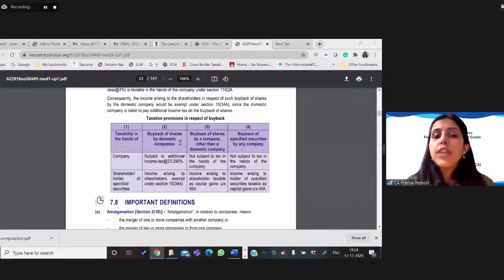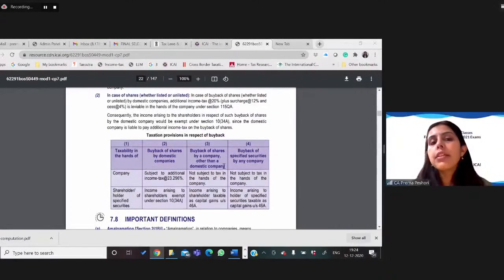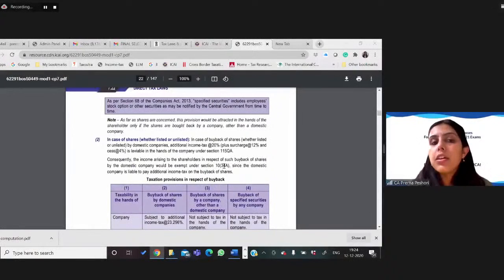Buyback of shares of domestic companies, 23.296%. Buyback by a company other than a domestic company, taxable in the hands of the shareholder. Buyback of specified securities, it will be taxable in the hands of the shareholder and not in the hands of the company. Clear?